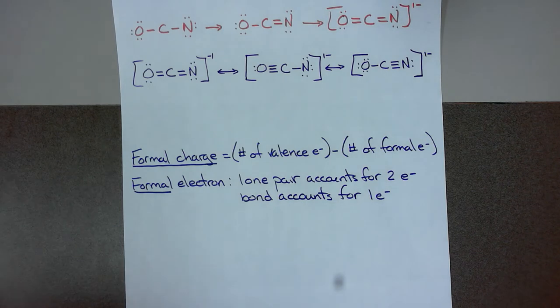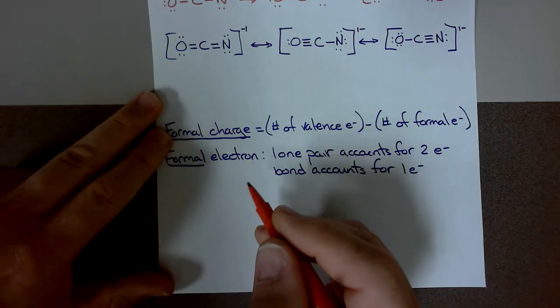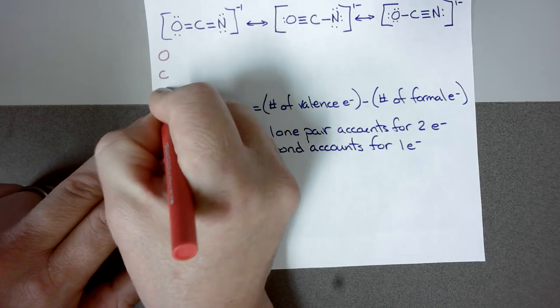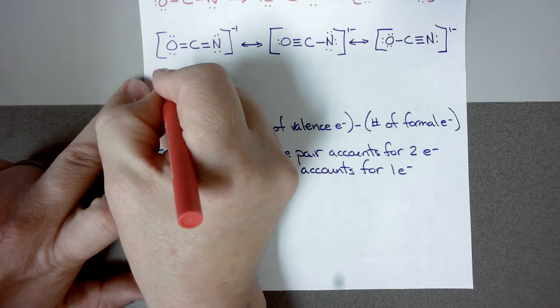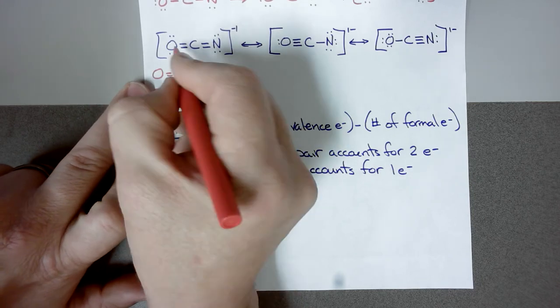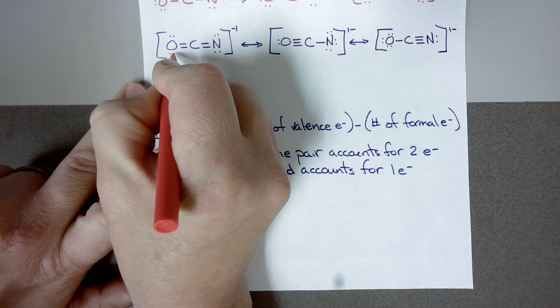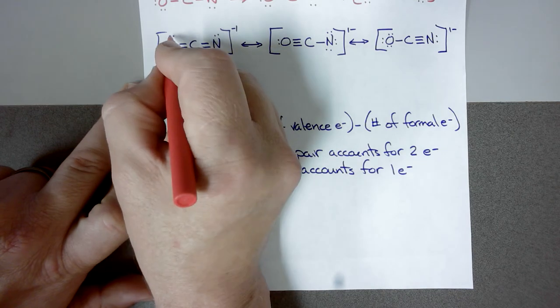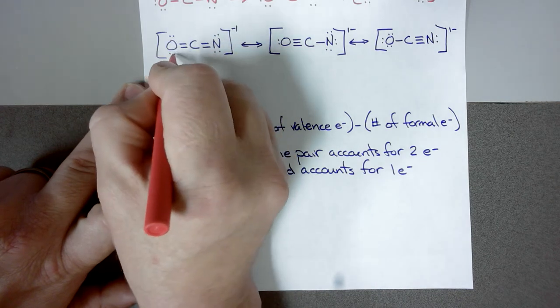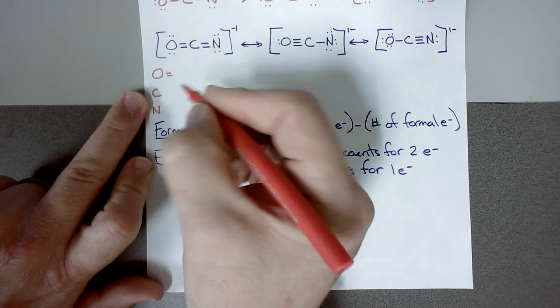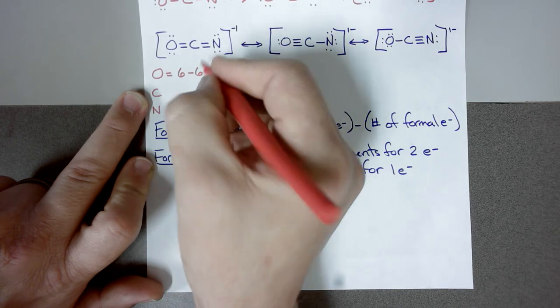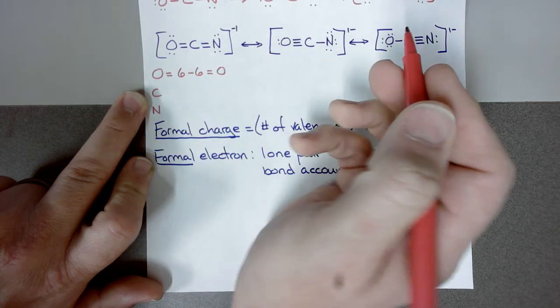So let's go back up here, and if I look at this, we now are going to figure out our formal electrons. So we have oxygen, we have carbon, and we have nitrogen. Now oxygen is going to have, remember, 1, 2, that's a lone pair, 3, 4, and then each bond, excuse me, only counts as 1. So that's 1, 2, 3, 4, 5, 6 formal electrons. So there's 6 valence electrons minus 6 formal electrons, so it has a formal charge of 0.